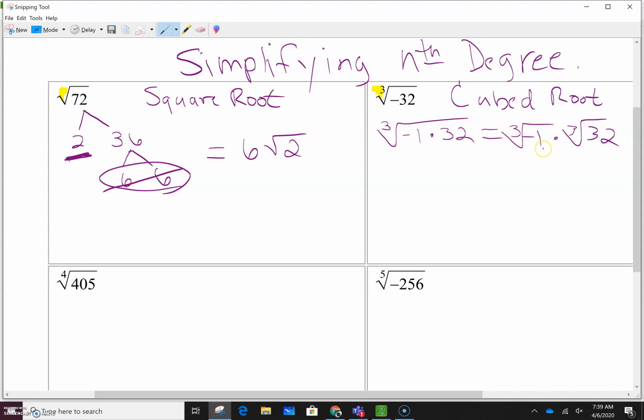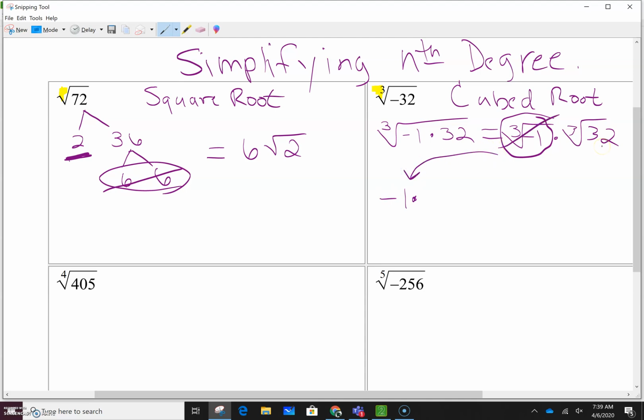Anytime I have a cube root of -1, that can come out as just a -1, because -1 times -1 times -1 is -1. So a cube root of -1 will be a -1. So that's going to clear the radical automatically. So I'm going to put that out here as part of my answer to get started. So I've already cleared the -1 out.